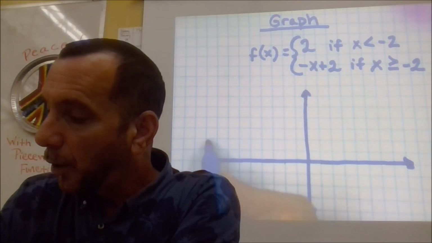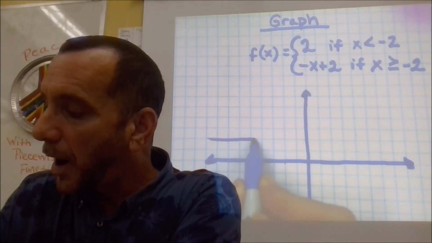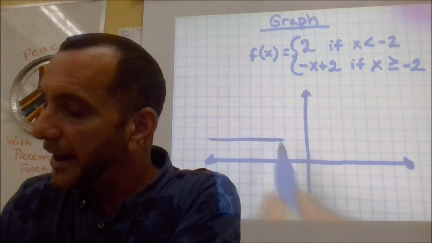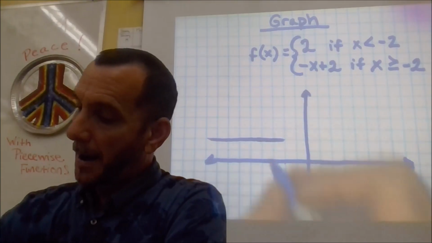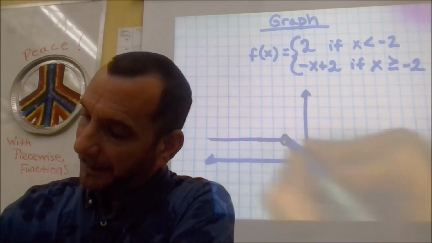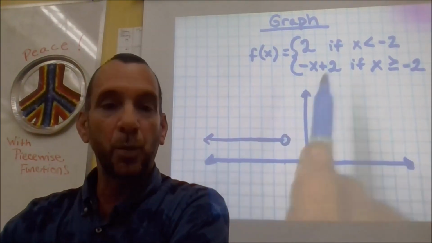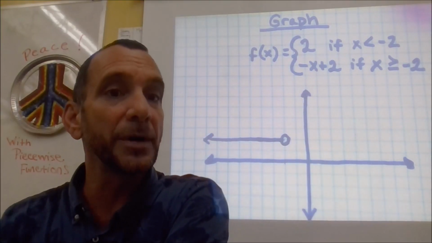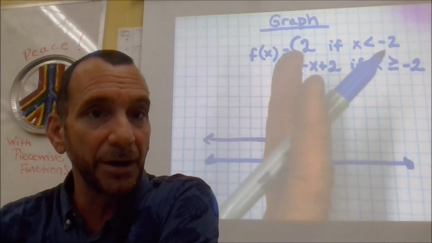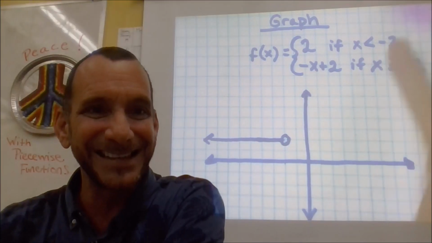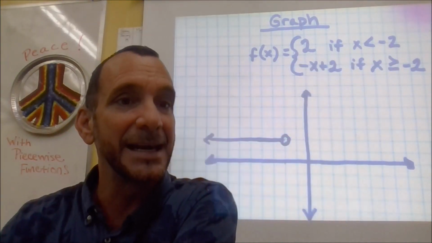That is a horizontal line at y equals 2, and we go all the way up to -2, but not including -2. That's a y equals 2 horizontal line, but it only occurs at x is less than -2.